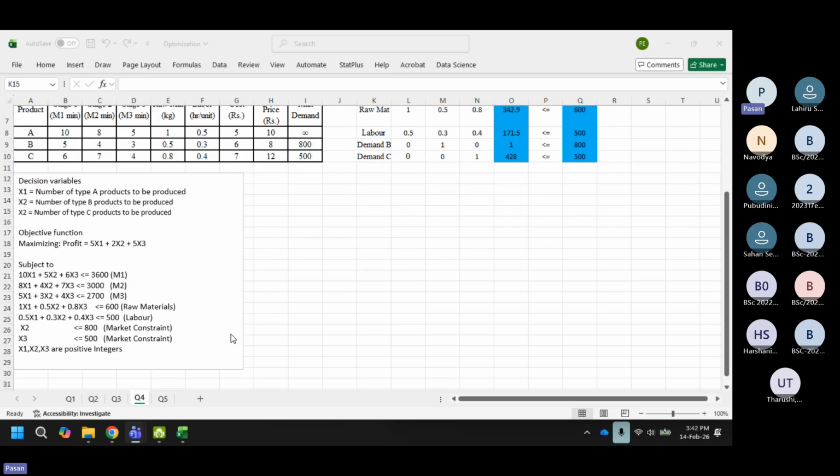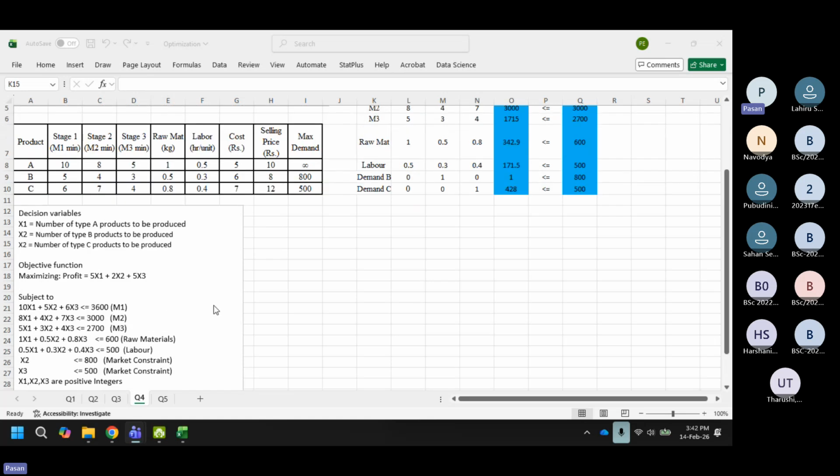So then you can formulate the problem, right? You can have the decision variables, the number of items produced of type A, type B, and type C, so this has to be X3.